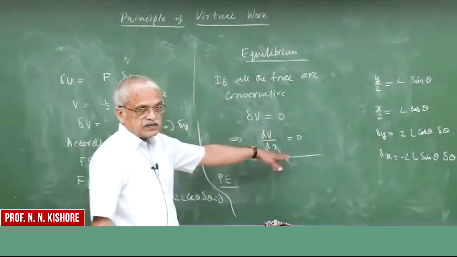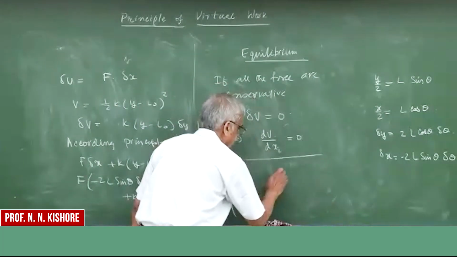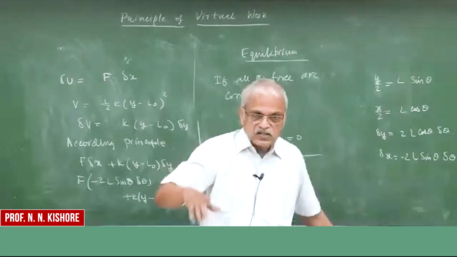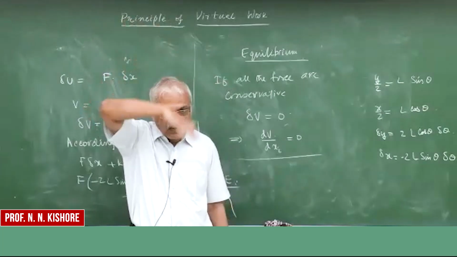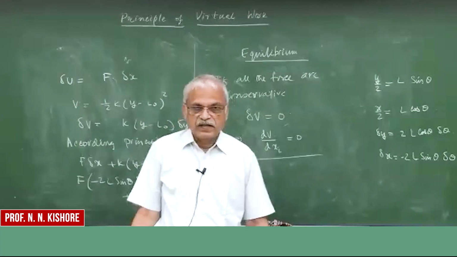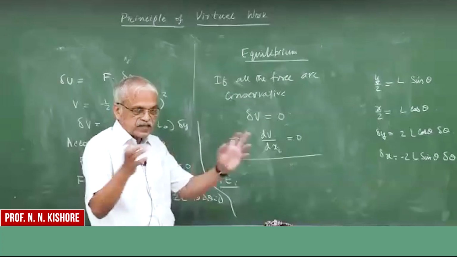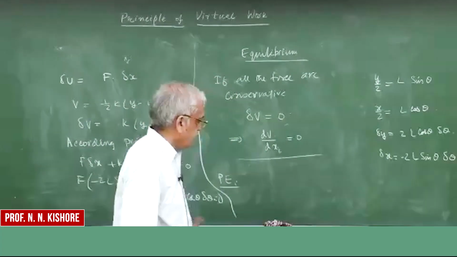The potential energy has to be stationary according to this, but is it a minimum potential energy, or is it a potential energy maximum? That is what classifies equilibria as stable or unstable.